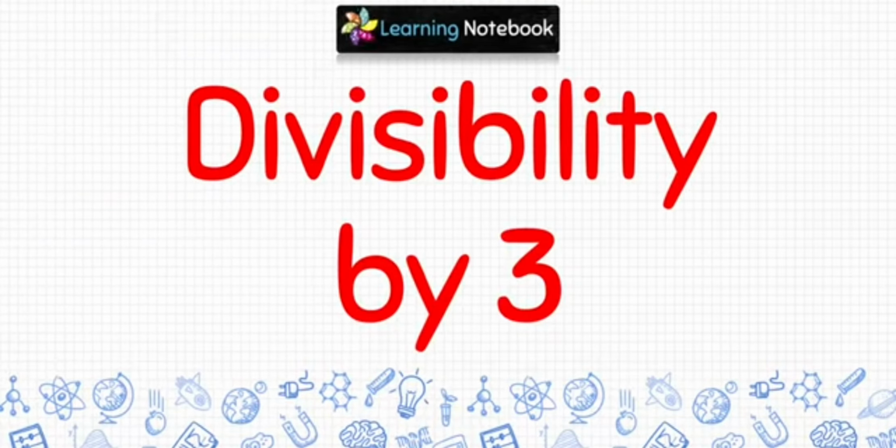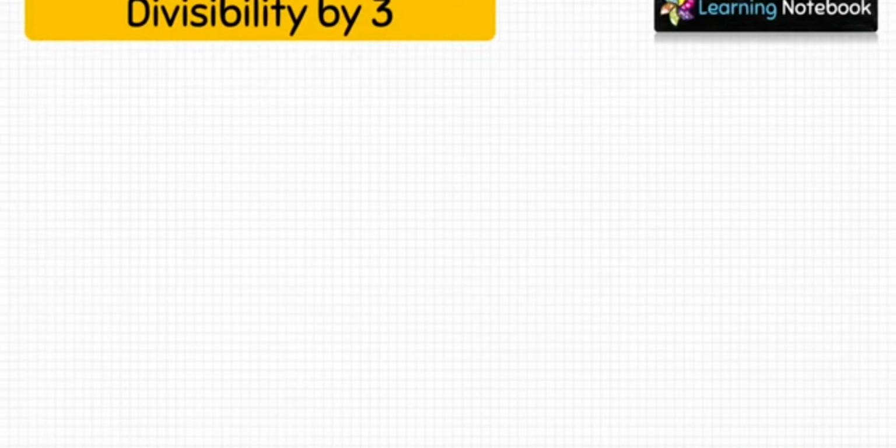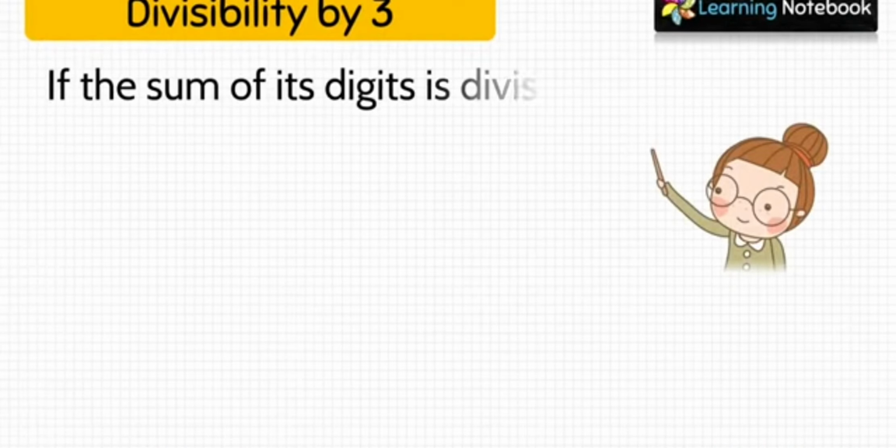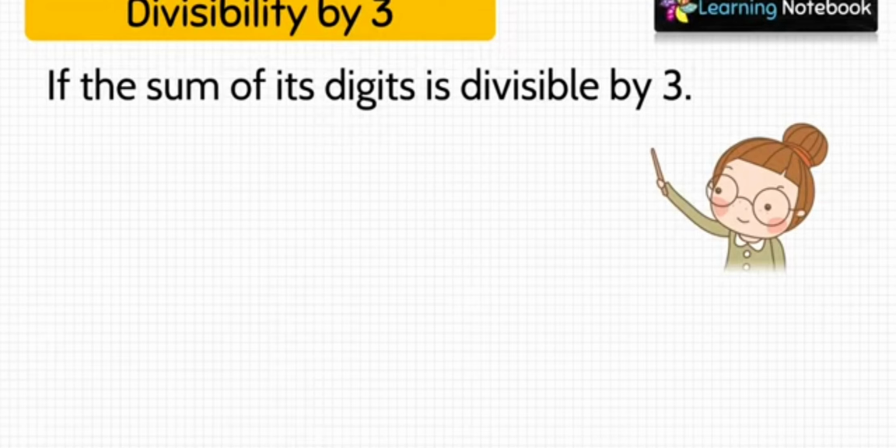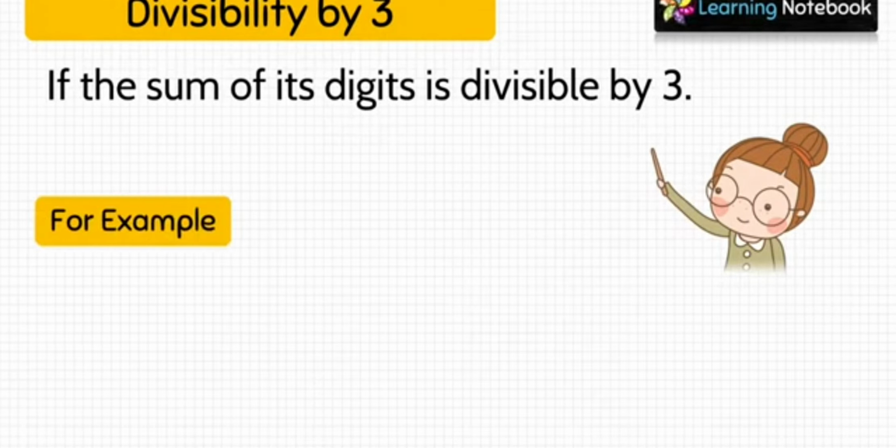Now, let's see divisibility rule by 3. To check if a number is divisible by 3, we will check if the sum of its digits is divisible by 3 or not. For example, we have to tell whether 48 is divisible by 3.